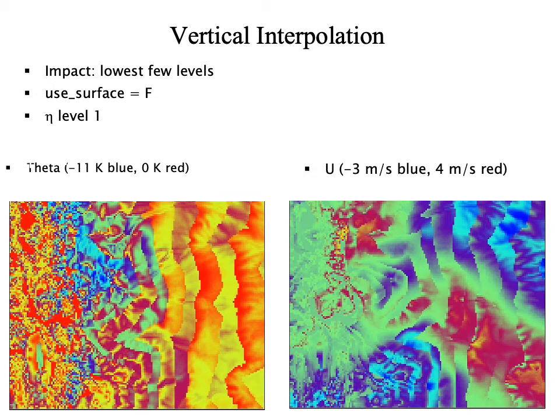This is perhaps used only for much older data, where there was some reason to suspect the validity of the surface. You can turn the surface fields off entirely that come in from the MetGrid package, and use surface equals false.